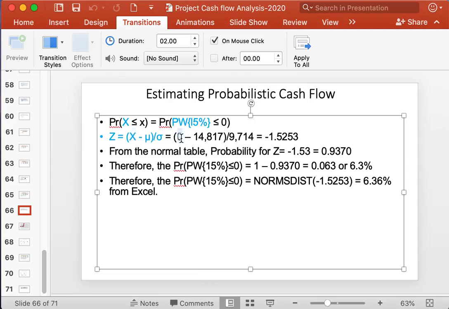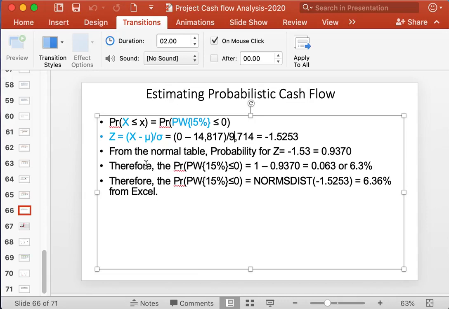So 0 minus the mean expected present worth divided by the standard deviation of the expected present worth. So that will give you minus 1.5253.